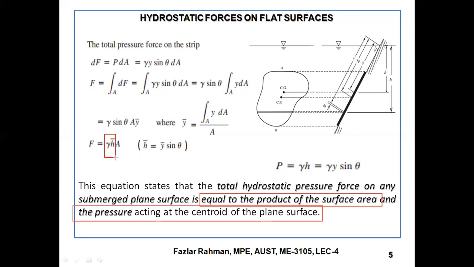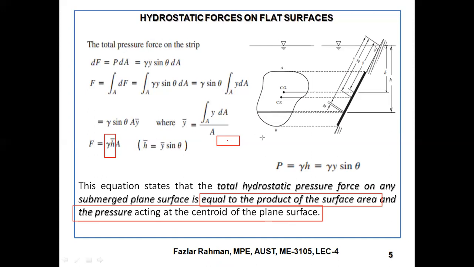Okay, say you are putting this rectangular plate. You obviously know the location of the CG will be right over here, right? Then you know the angle, then you can figure out the depth of the CG, then figure out the pressure, then multiply by the area. And it might be any kind.